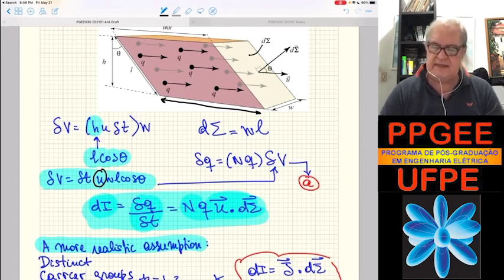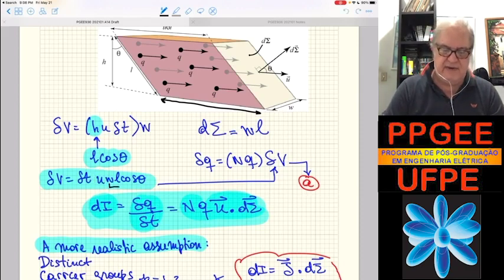The area is W times L, right? So this is the area.